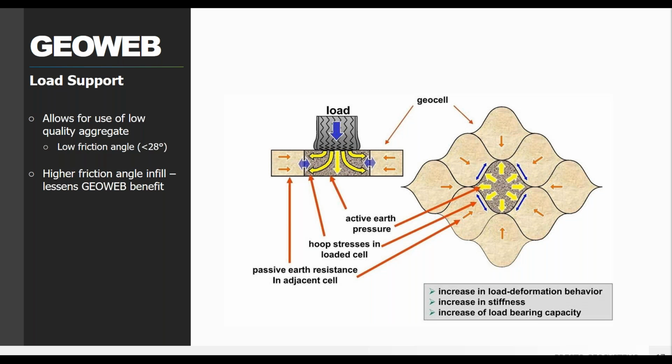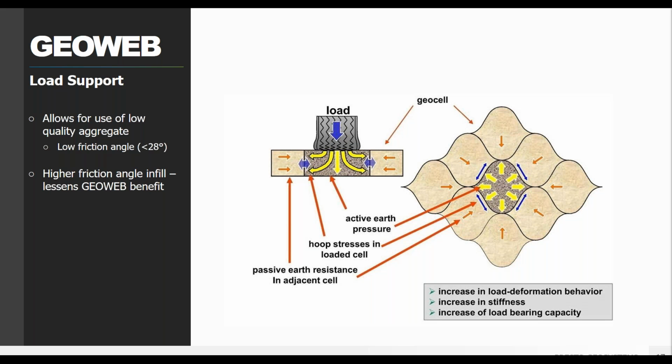And the GeoWeb cell walls also transfer hoop stress. And that's going to be really important in keeping the system intact and creates what we call the mattress effect. So the strength of those seams, which we talked about in the beginning, those ultrasonically welded seams, and the material properties of the actual GeoWeb panels themselves, and then also that connection method, so that's going to be that Attra key that I talked about.